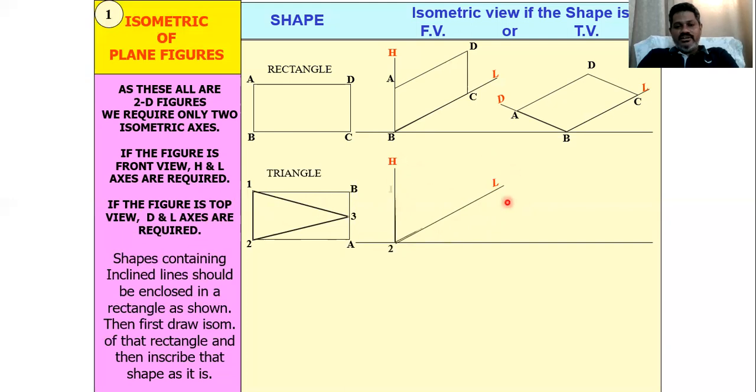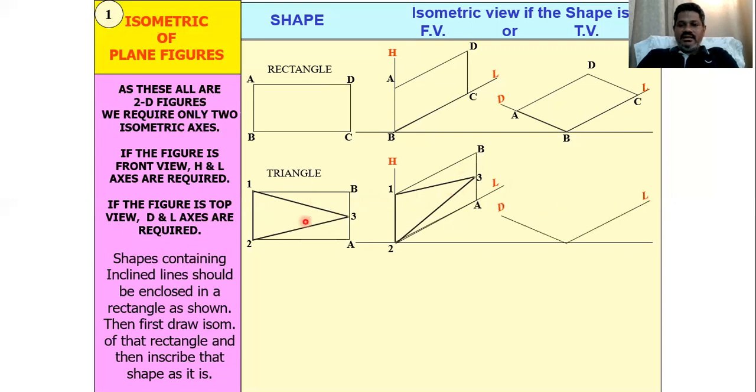Construct a rectangle first, 1, 2 and AB, with the similar dimensions of the triangle. Then look at the midpoint here, and that will become the point 3. Then join 1 and 3 and 2 and 3. You will get the front view of the triangle plane.